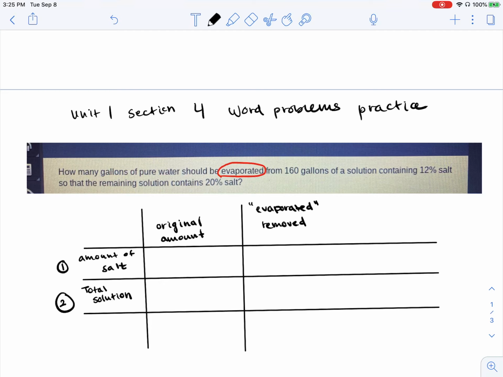We're removing. Any of those words work. And then this is the new, most recent amount. New amount, after evaporation, post evaporation amount.